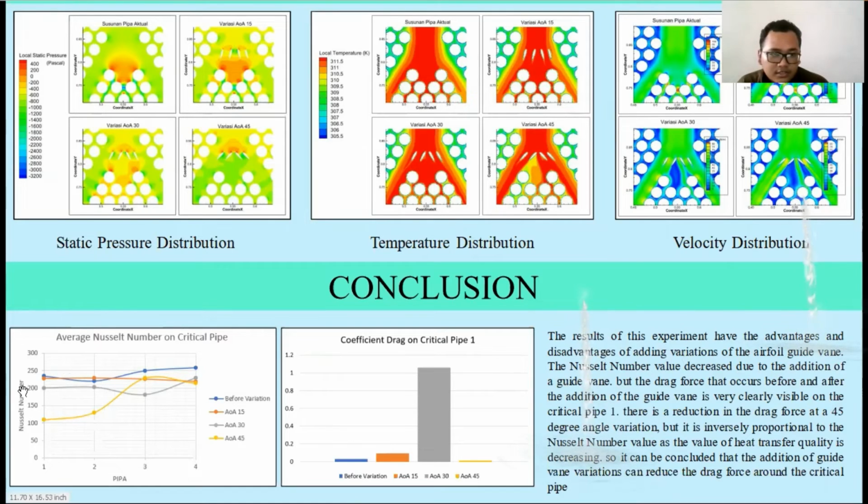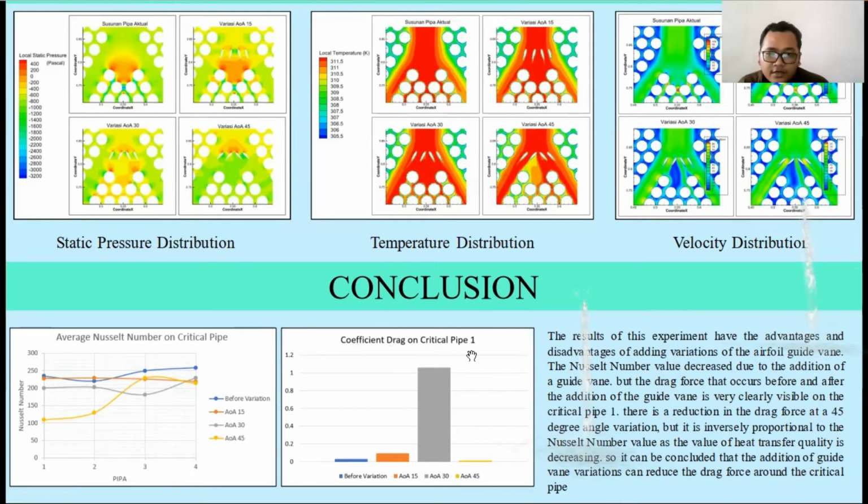There is a decrease in variation 45, angle of attack 45. In pipes 1 and 2 it has decreased significantly from before the variation, but the drag force before and after the addition of the wet fan is very clearly visible on critical pipe 1.